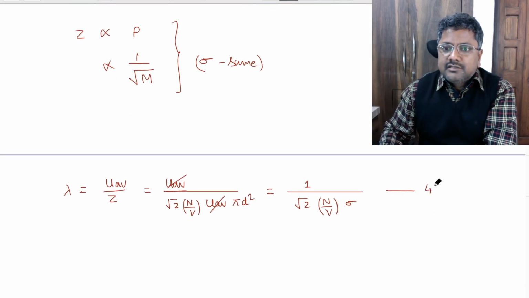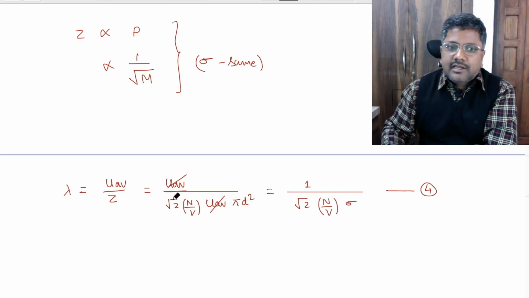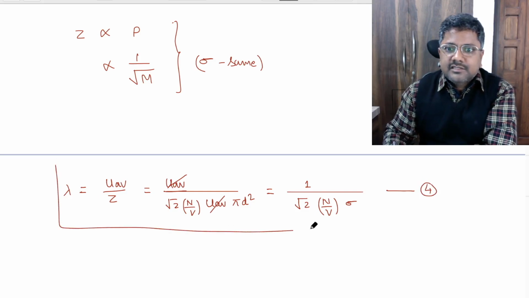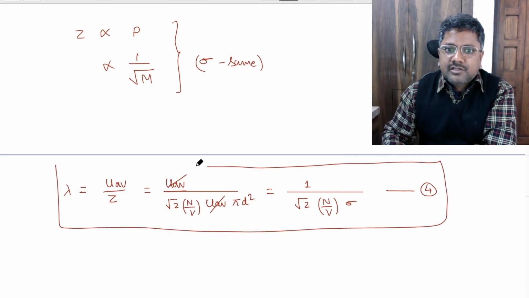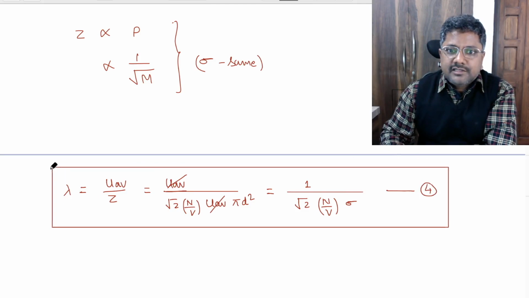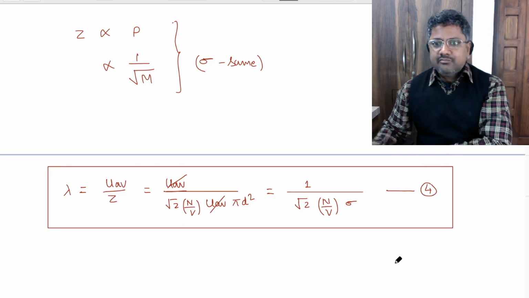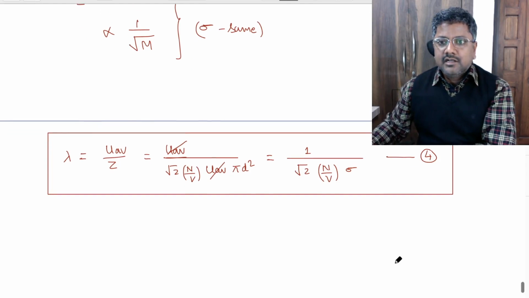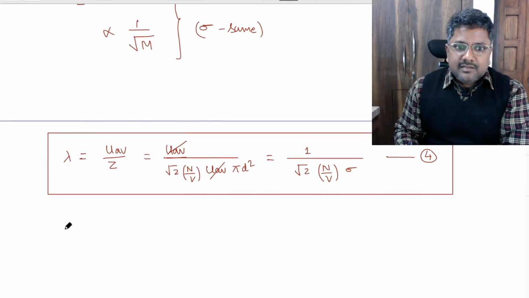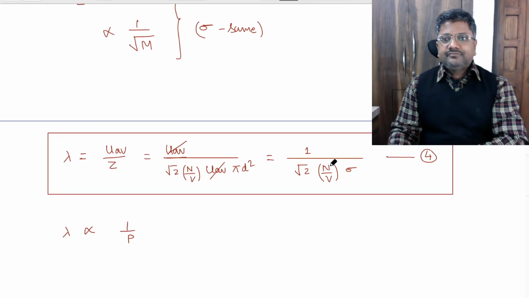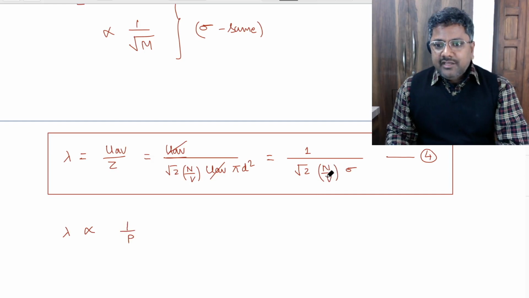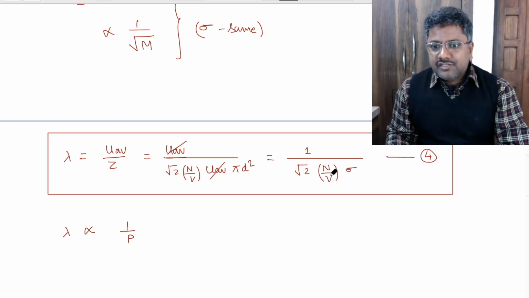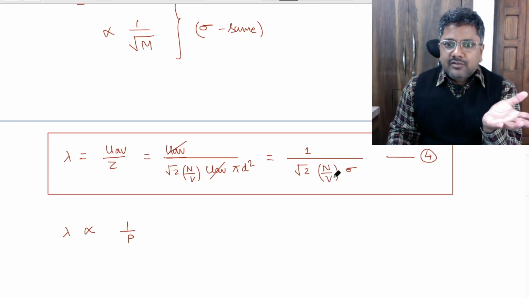By using these equations, you can calculate these parameters and interpret their dependency. Now you can say that the mean free path lambda is inversely proportional to N by V, the number density, which is equal to P into Na by RT.